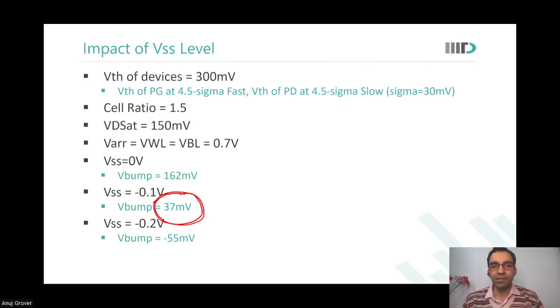So there is some charging or discharging that you need to do. That is power consumption. You need to estimate what kind of overhead you are paying for any assist scheme.